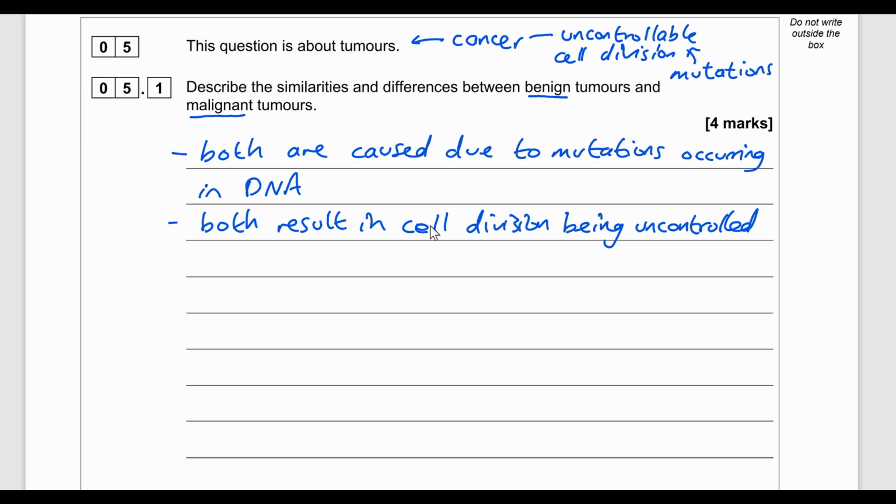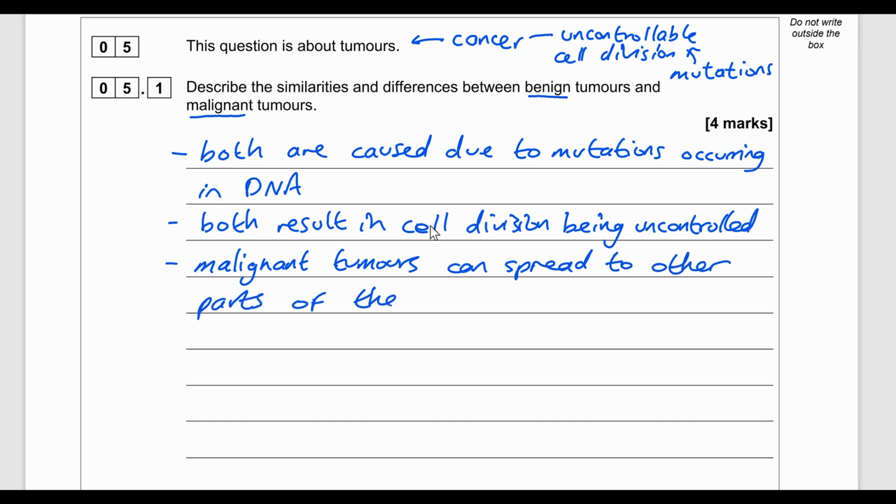So we just need to add some differences now, and we should be able to get our full marks. Now, when people think about cancer and how much of a problem it is, they're really thinking about malignant tumors. The reason why cancer is such a big problem, especially when it's malignant, is because it's able to spread to other parts of the body very quickly.